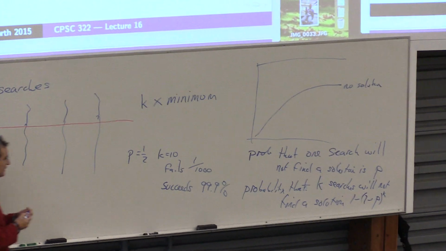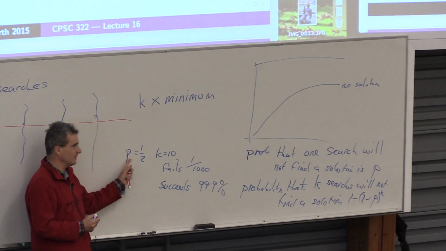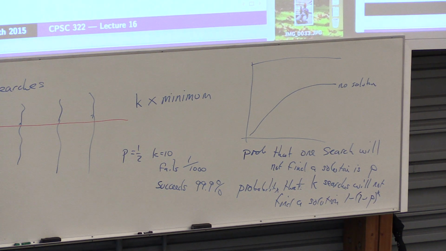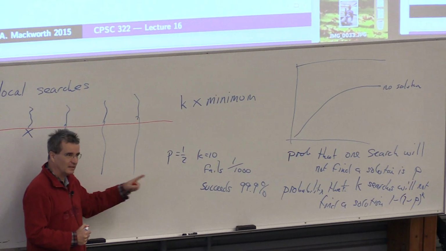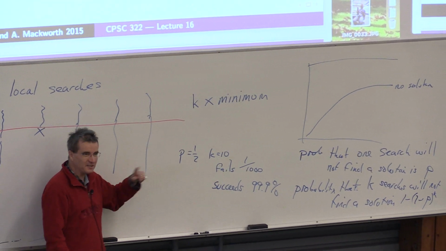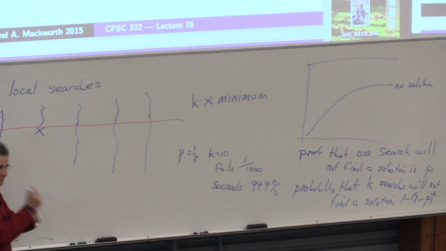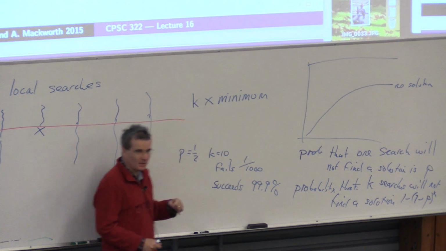So even if only half of them succeed, and we have 10 of them, 99.9% succeed. I think you learn this in grade 11 in school, that if you keep producing things, the probabilities keep going down.